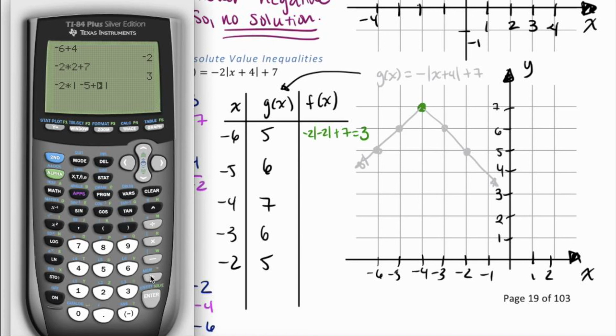I'm going to add 4 to that, because in our function we add 4. Then I need to get out of this absolute value and go plus 7. And that's this part right here. And let's go ahead and hit enter and see what happens. I end up with 5. Please pause the video and fill in the remainder of this table.